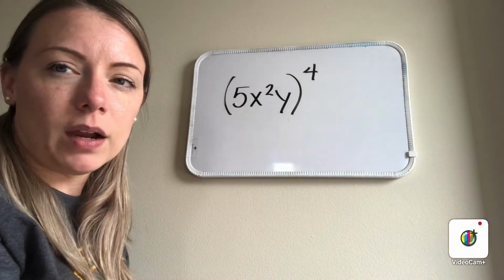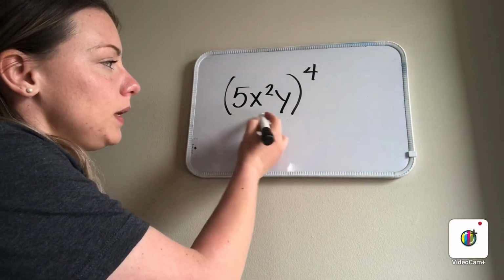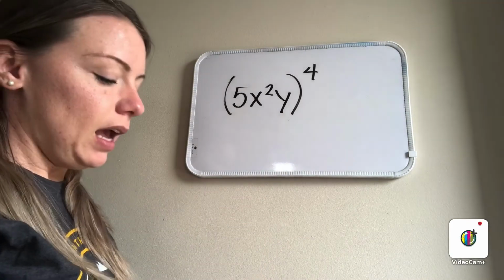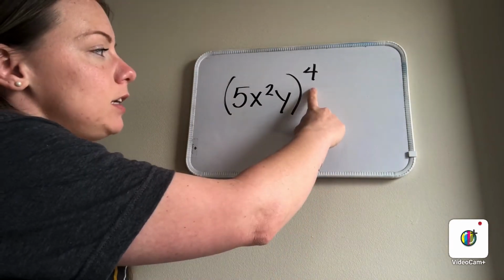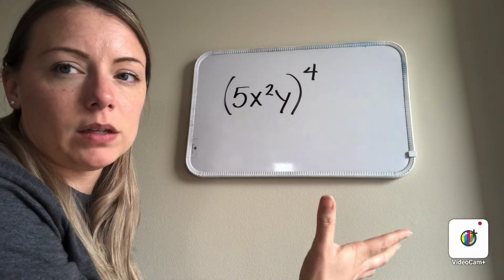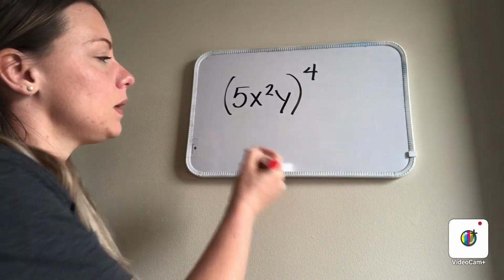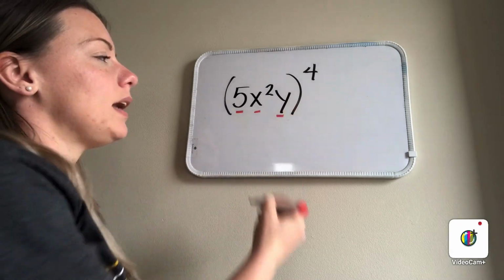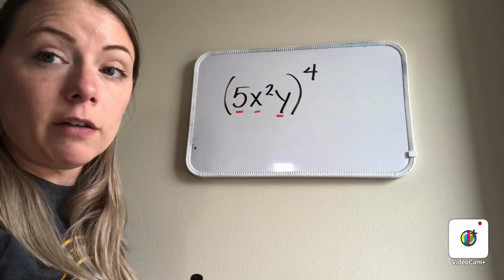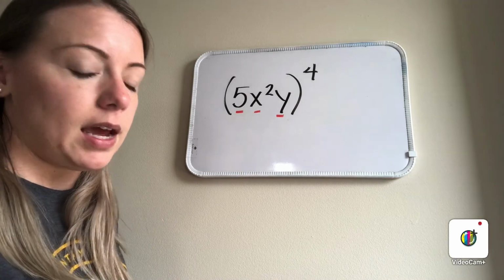All right, and our steps with this were we were going to keep each of our bases the same and then distribute the outside exponent to all inside exponents. So first, let's identify how many bases we have. 5 is a base, x is a base, and y is a base. Now, if you look at 5, it doesn't appear that it has an exponent, but it does, and we'll get to that.